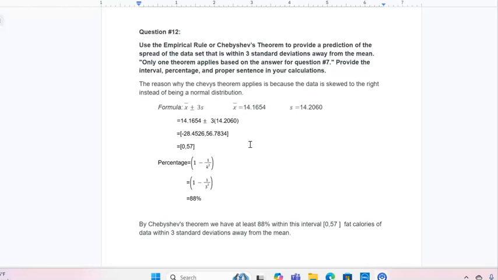We just substituted the numbers, which is 1 minus 1 divided by 3 to the power 2. And this got us 88%. So by using Chebyshev's theorem, we had at least 88% within the interval of 0 all the way to 57 fat calories, within 3 standard deviations away from the mean.